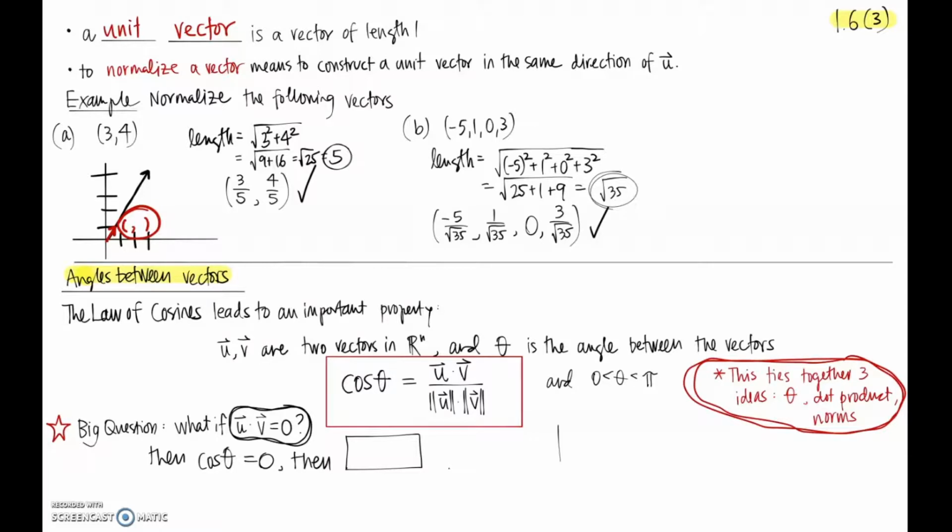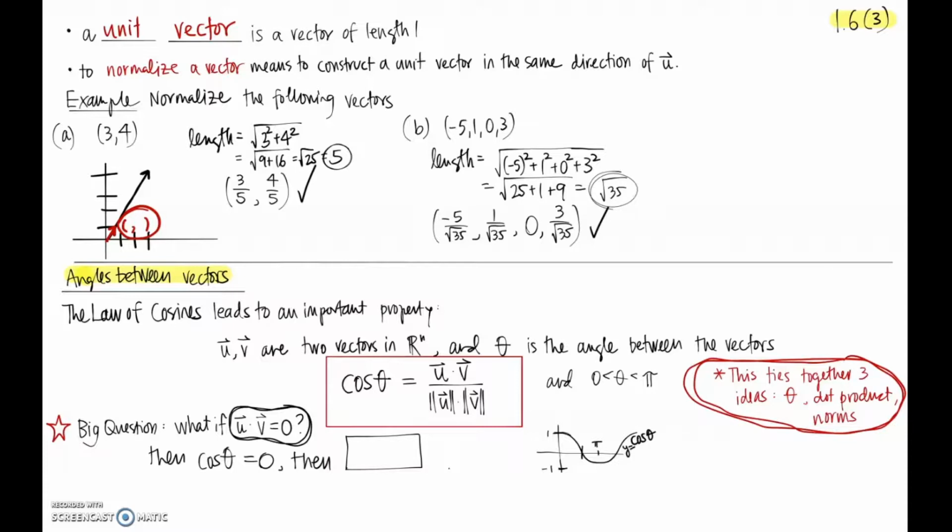Let's see, if I remember the cosine curve, it looks something like this. And this is 1, this is -1, this is pi right here. So this is the cosine theta curve, y equals cosine theta.